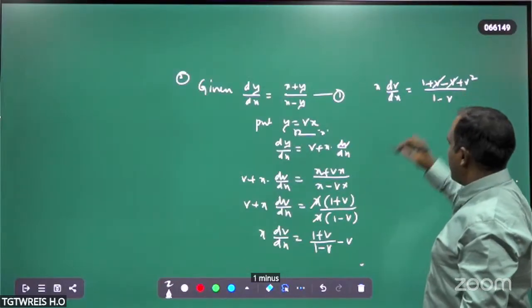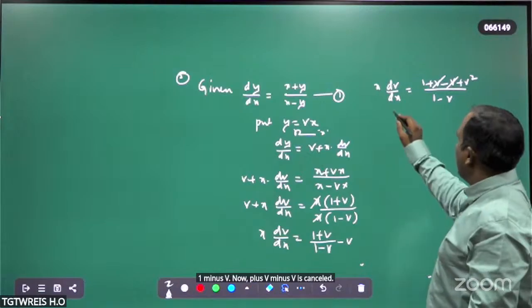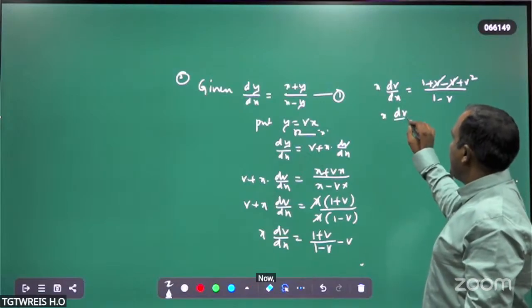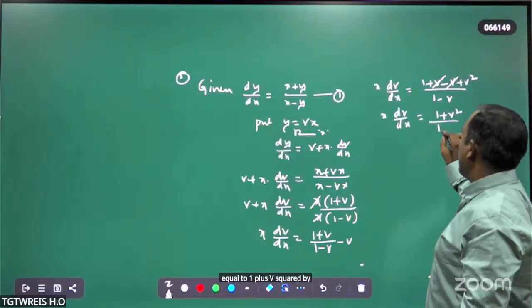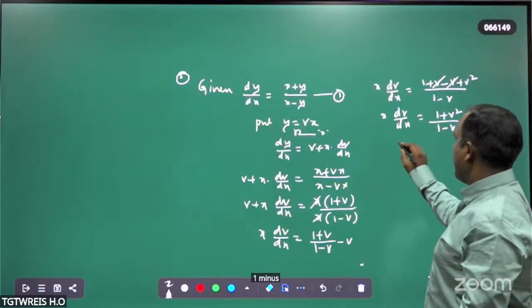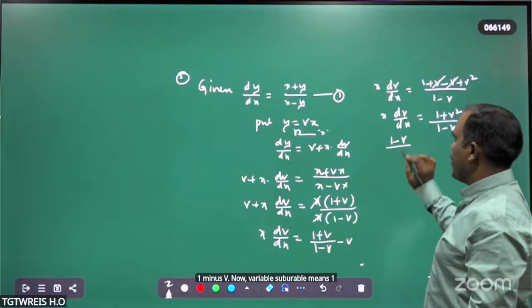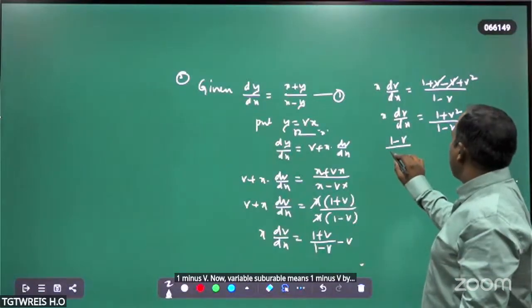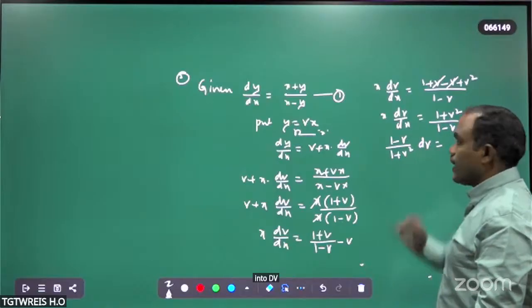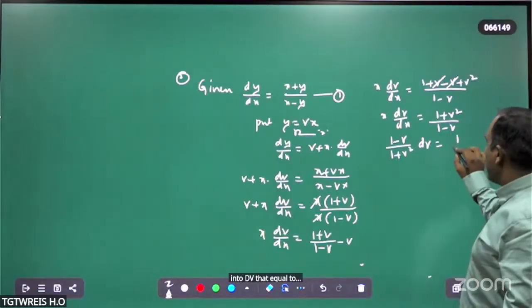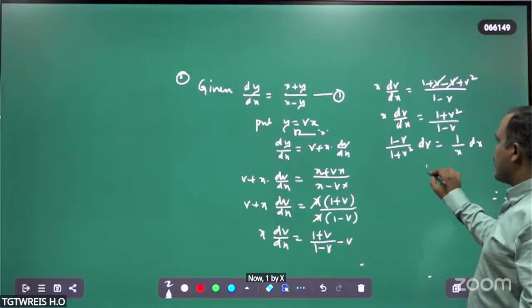Now plus v minus v is cancelled. Now x into dv by dx equal to 1 plus v square by 1 minus v. Now variable separable means 1 minus v by 1 plus v square into dv equal to 1 by x into dx.